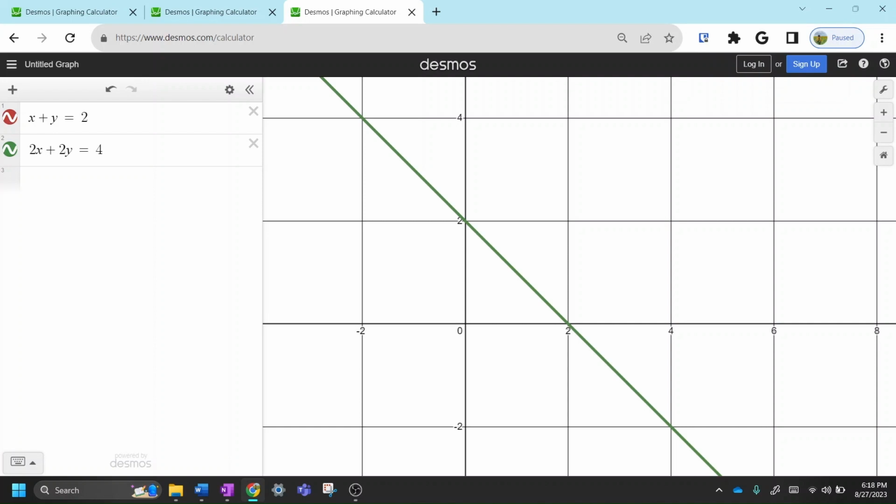What this is showing us is that our two lines are in fact the same line. If we're looking for where our two lines intersect, well, they are the same line. They intersect absolutely everywhere. We are back to infinitely many solutions.